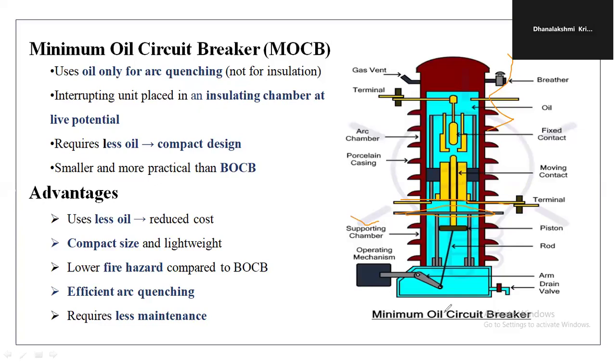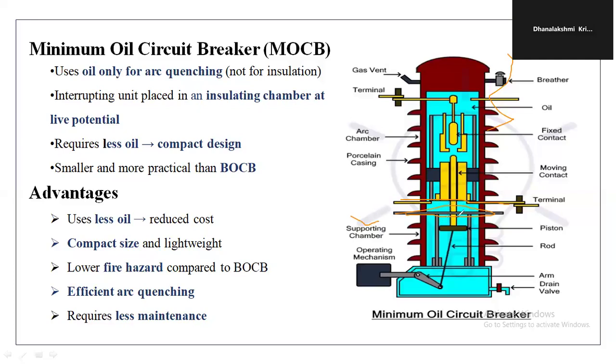Firstly, the circuit breaking chamber requires a small volume of oil, which is just enough for the arc extinction. Secondly, the amount of oil to be replaced is reduced, as the oil in the supporting chamber does not get contaminated by the arc. So this is the supporting chamber.